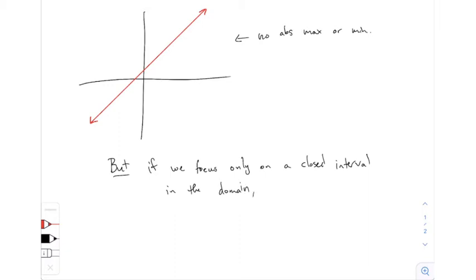Then it would have an absolute minimum and maximum. So it does have a highest value and a lowest value. It does have absolute extrema.